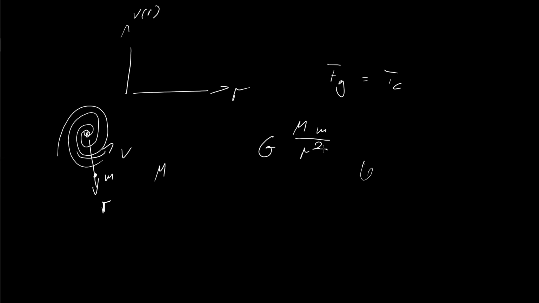So if we are outside of the matter distribution, we would expect something proportional to 1 over r squared, which is some parabolic behavior.